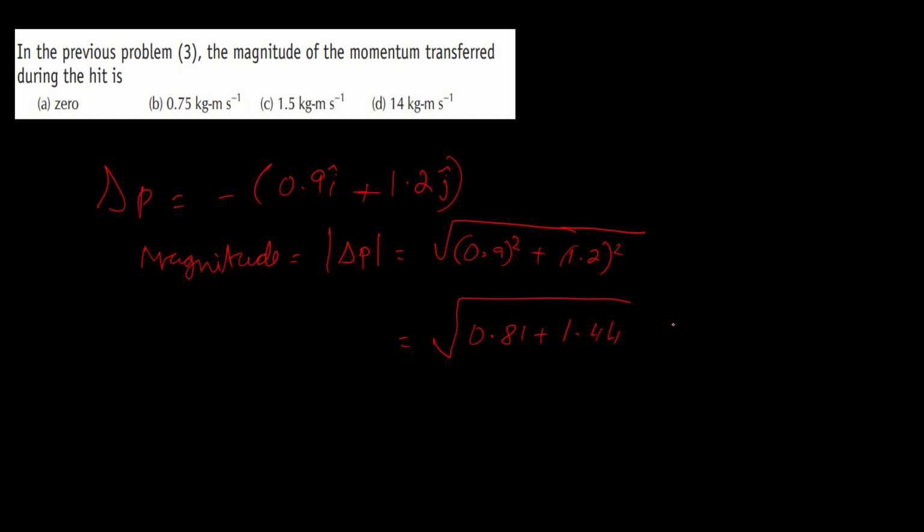Sometimes in a question there won't be this many values, but for those who are studying aptitude, it will be very easy. When you take the root, you get 1.5, so the answer will be 1.5 kilogram meter per second.